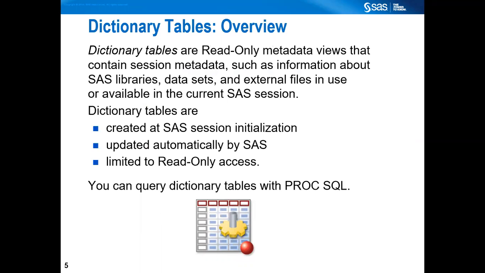The information of the session's metadata is always saved as a view. It's telling us dictionary tables are read-only metadata views that contain session metadata, such as information about libraries, datasets, and external files in use or available in the current session.